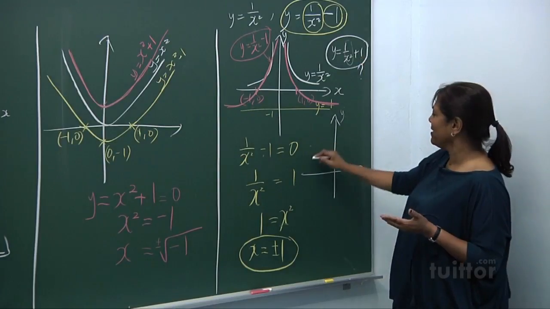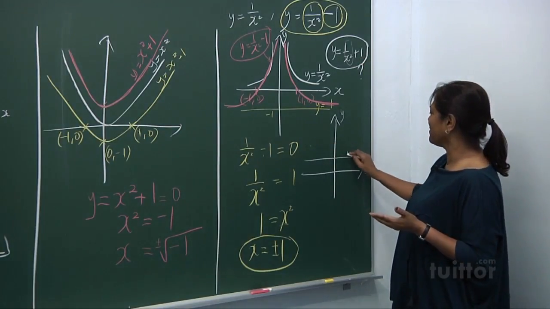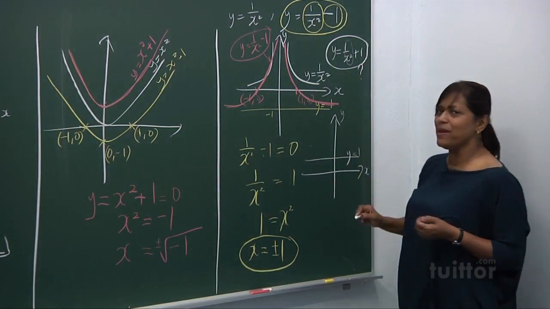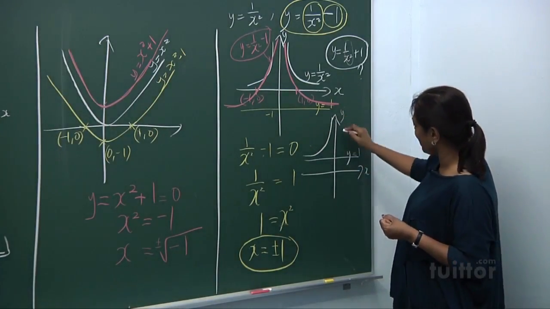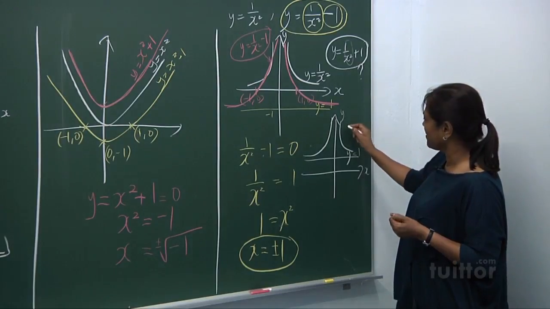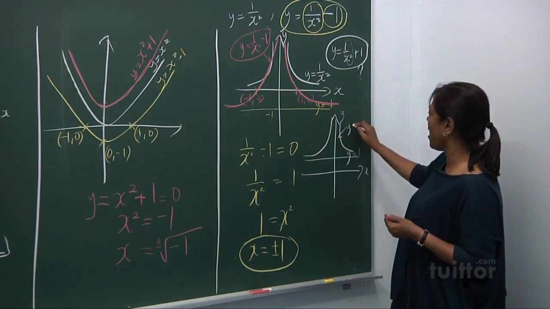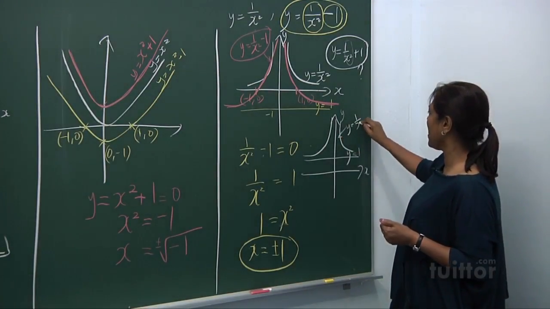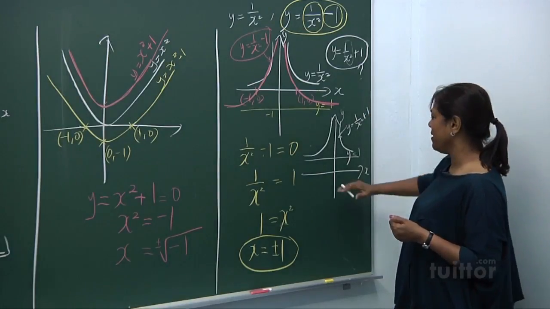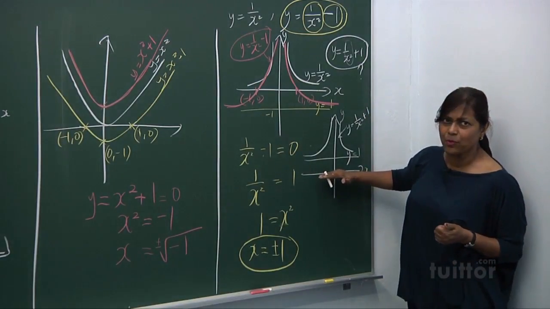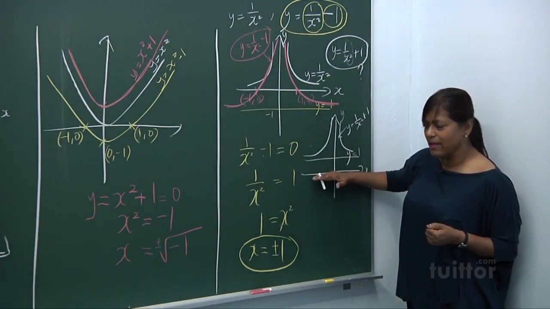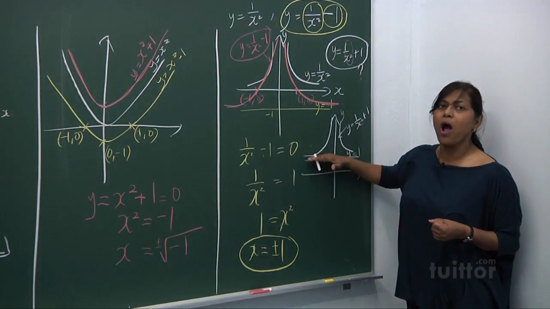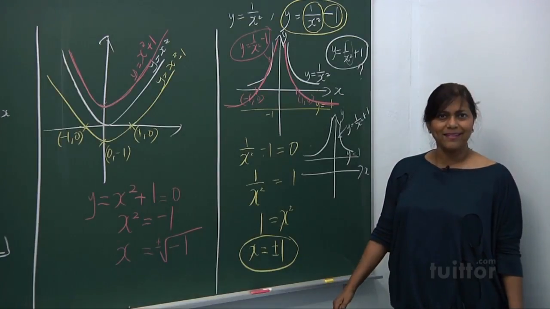And the line y equals 1 will be the asymptote. Move it up here. So the name of this graph is y equals 1 over x squared plus 1. Is this shifting the asymptote from y equals 0 to y equals 1?